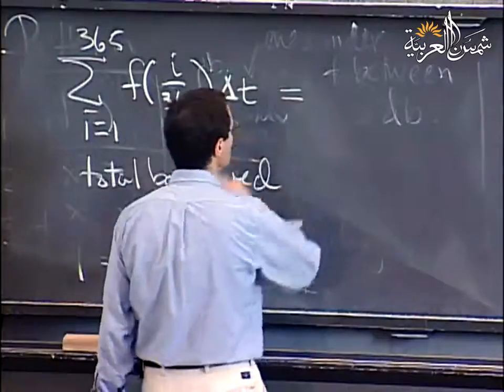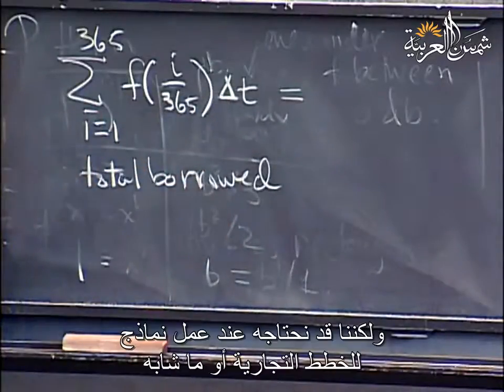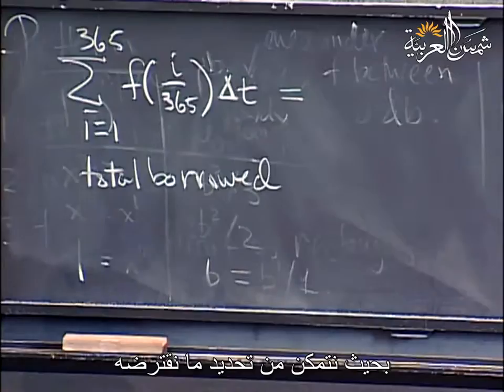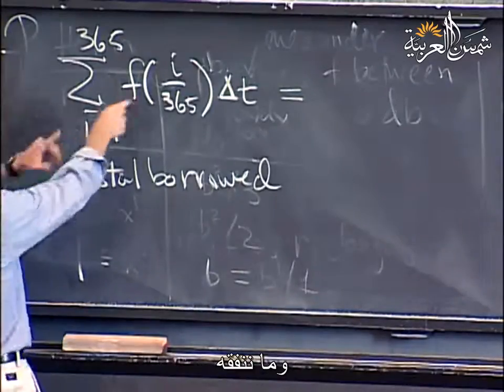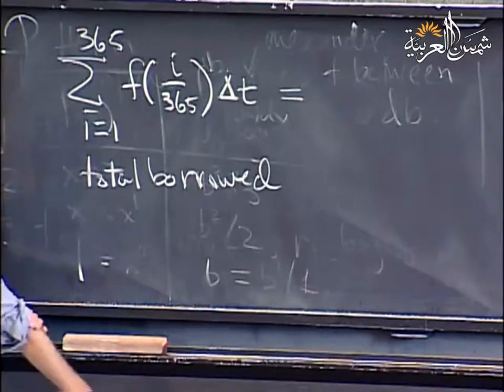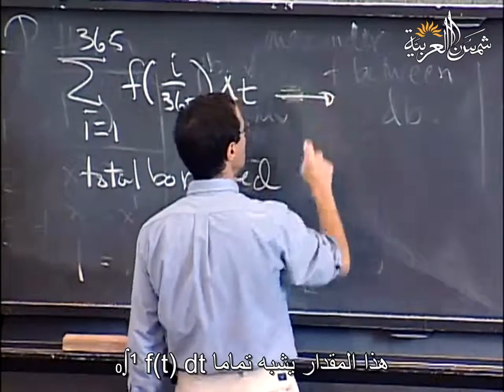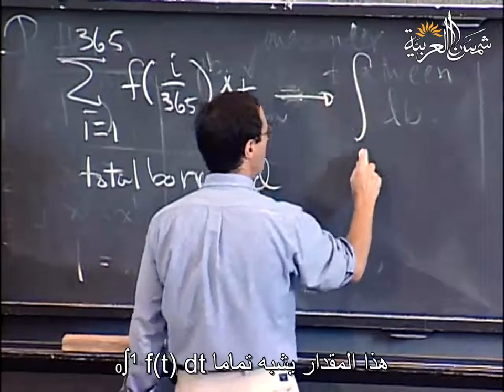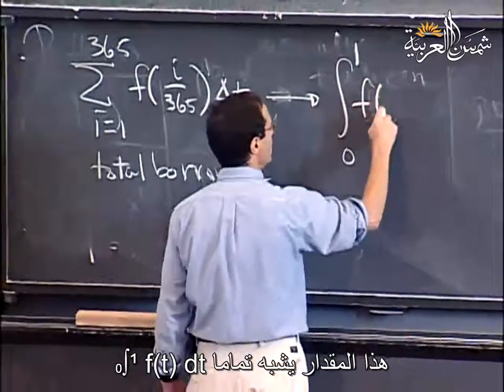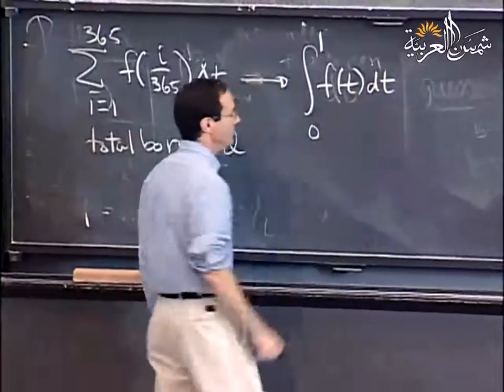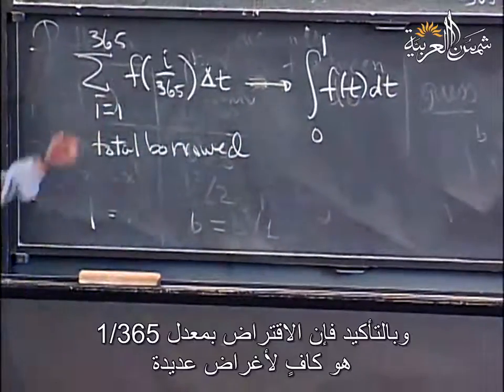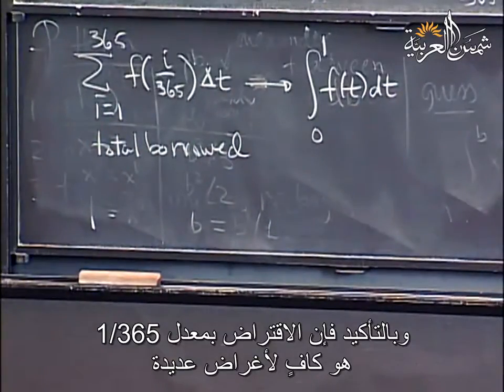But when we're modeling things with trading strategies, you're really some kind of financial engineer, and you want to cleverly optimize how much you borrow and how much you spend and how much you invest. This is going to be very, very similar to the integral from 0 to 1 of f of t dt. At the scale of 1 over 365, it's probably enough for many purposes.